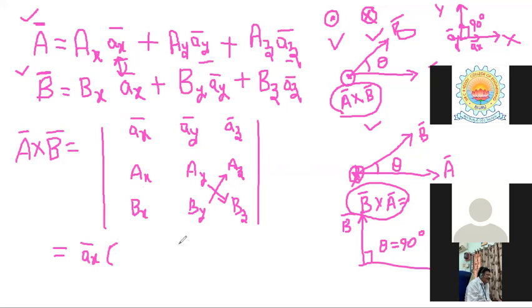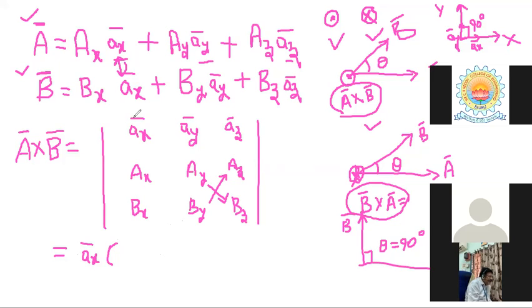Generally we write the magnitude first and then the vector next. So you can write the magnitude and pre-multiply the vector, or later we can adjust.